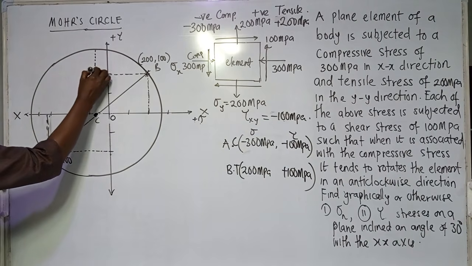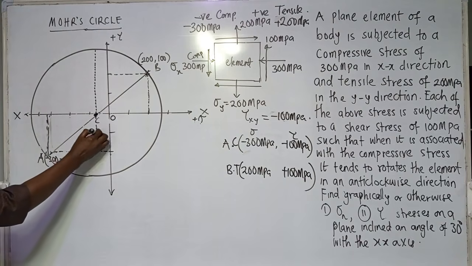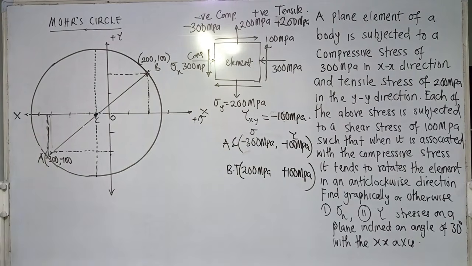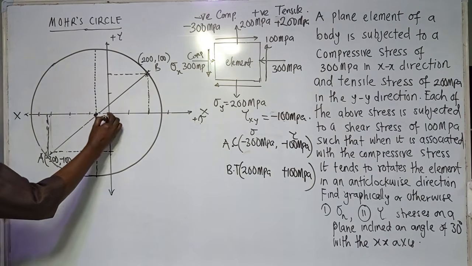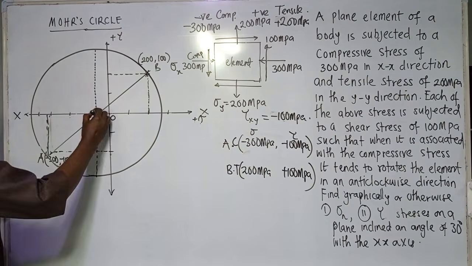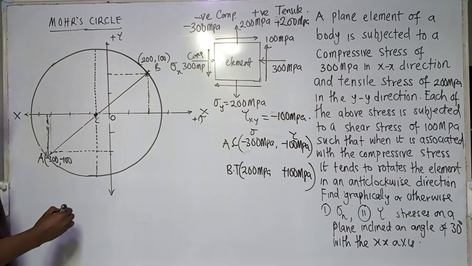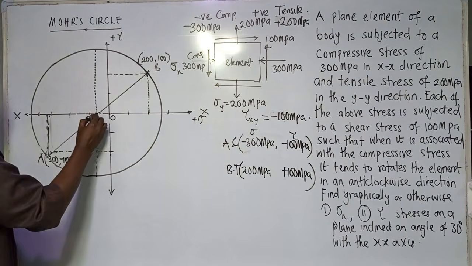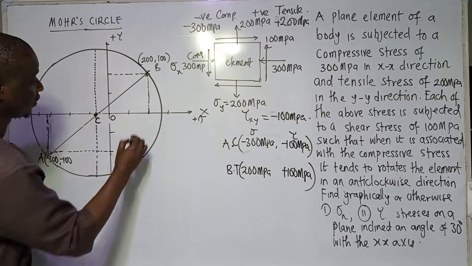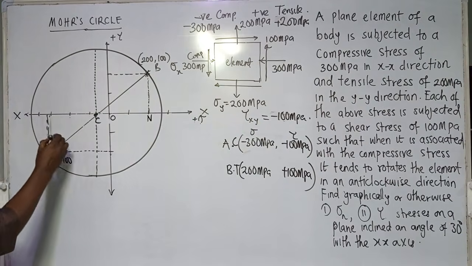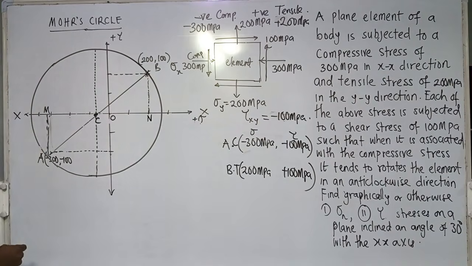So let me locate this center. That is the center of the Mohr circle. From C to B is the radius. Let's call this one N, and let's call this one M.